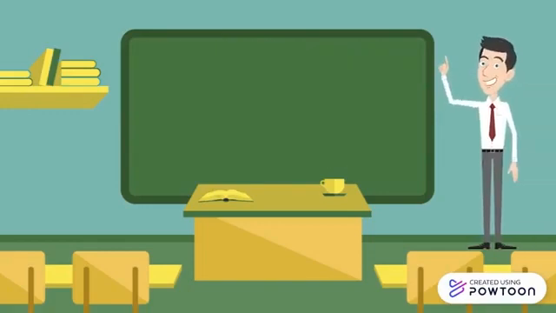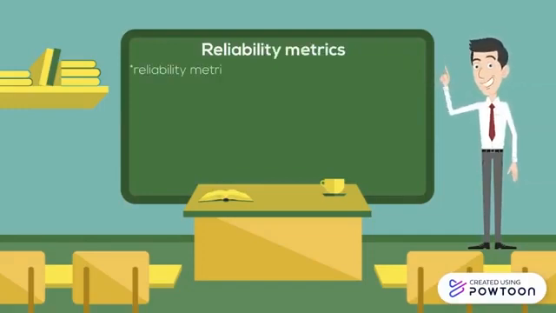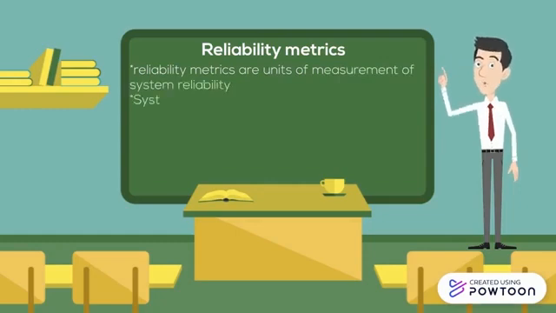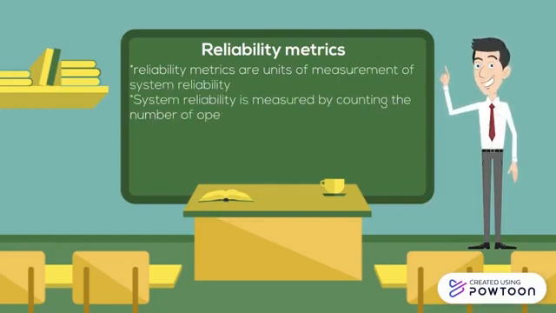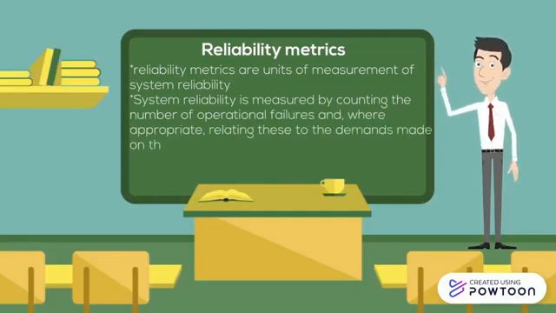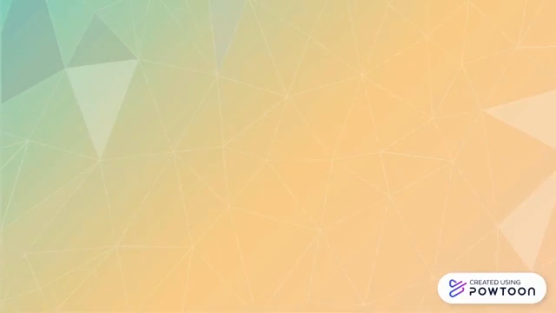Reliability metrics are units of measurement of system reliability. System reliability is measured by counting the number of operational failures and relating this to the demands made on the system and the time that the system has been operational.